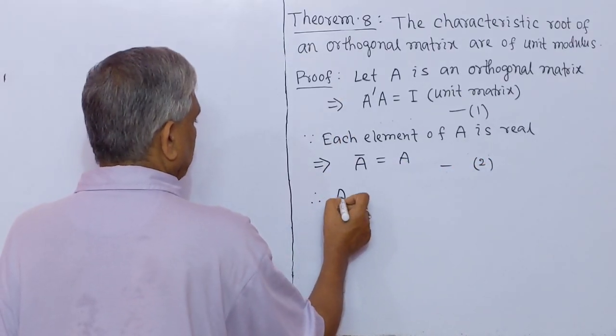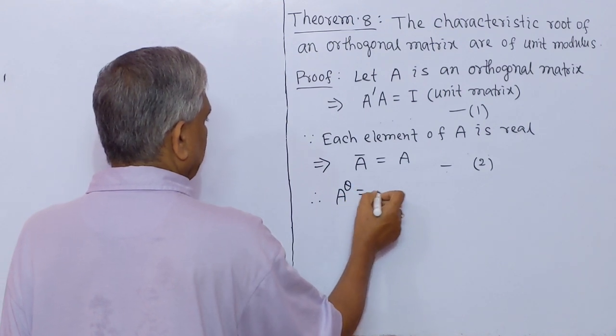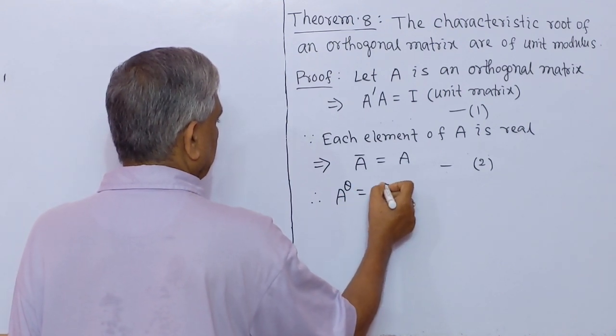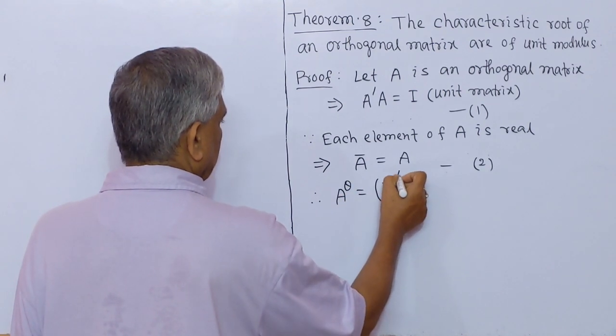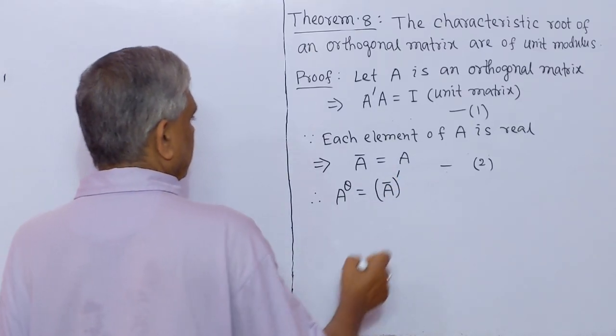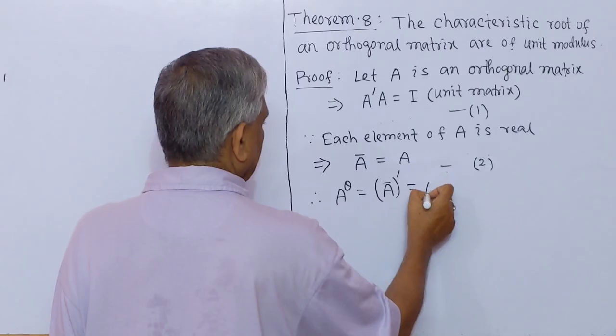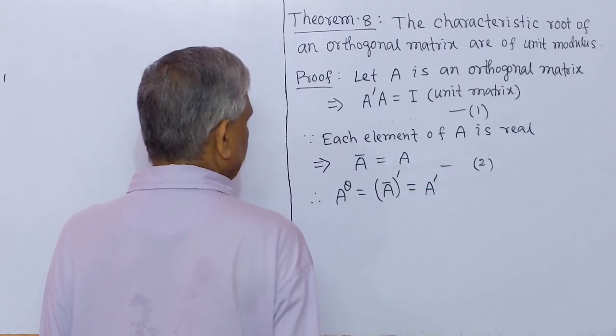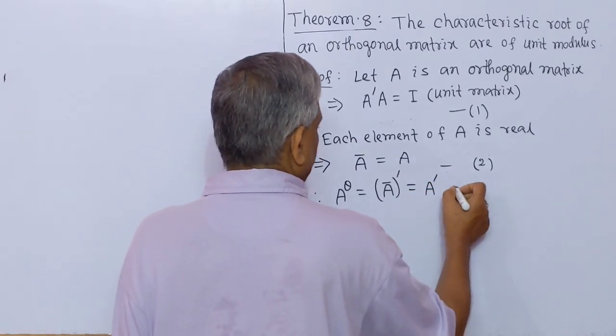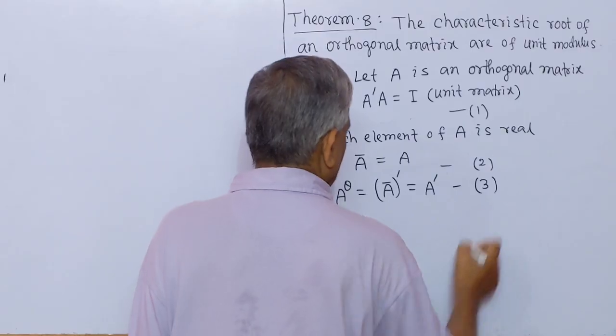Therefore, A^θ = the conjugate of A, transposed, and this equals A bar transposed, which is A transpose. This is number 3.